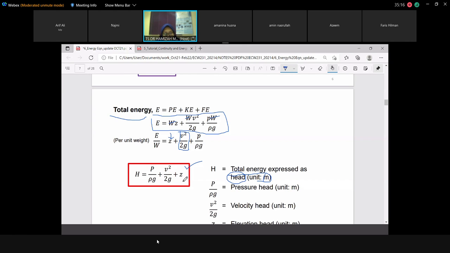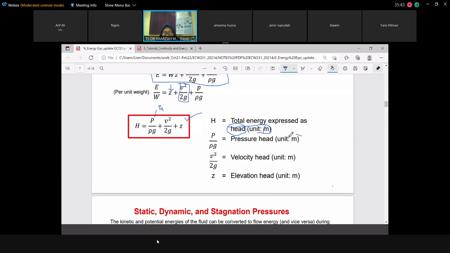Because we need to convert the kilopascal into meters. So pressure's unit may be pascal or newton per meter square. When we divide by rho g, it becomes meters. Same for the second one, it is in meters. Elevation of course is in meters. You can see here all must be in the same unit, then only we can calculate the total energy.